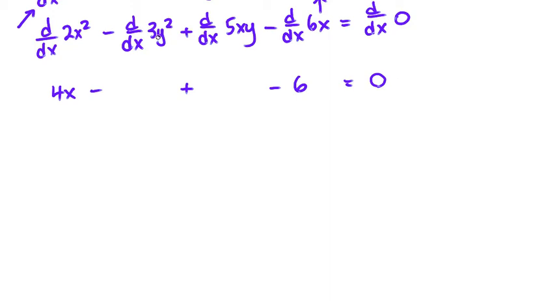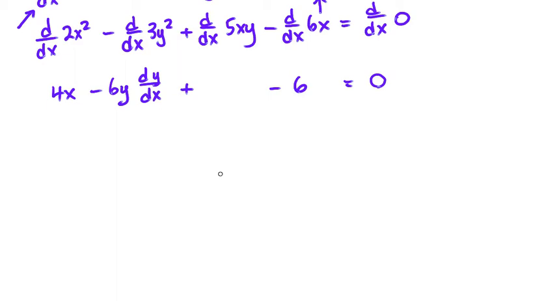When you take the derivative with respect to x and you have a variable that isn't x, you need to account for that. And the way that you do that is you take the derivative like you would normally. So this is 6y, drop the power by 1, but then we need to add in the fact that we've taken the derivative of y with respect to x. We don't know what that is, so we need to write it in, that we still have a derivative with respect to x.